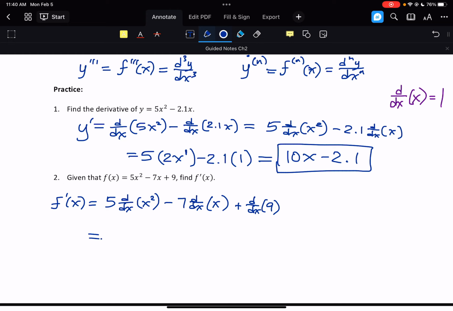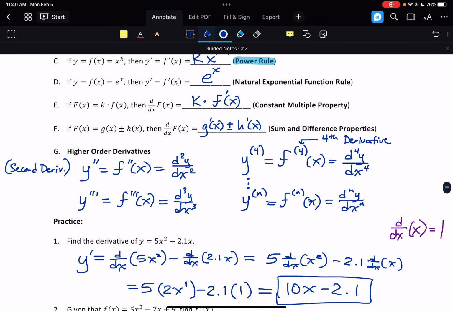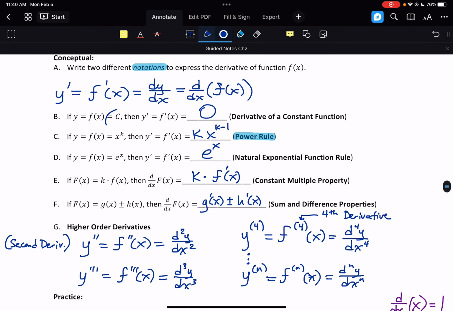So we get 5 times the derivative of x squared, which is 2x to the first again, minus 7 times the derivative of x, which is 1, plus the derivative of a constant. Remember, the derivative of a constant is 0. And I should say that the derivative of a constant by itself is 0. That was what this first property said up here.